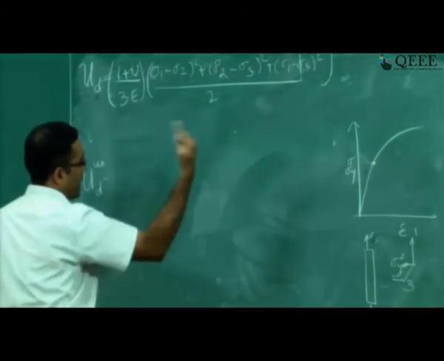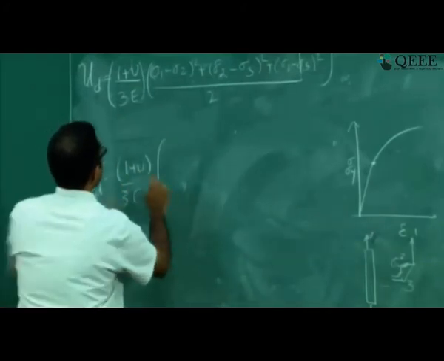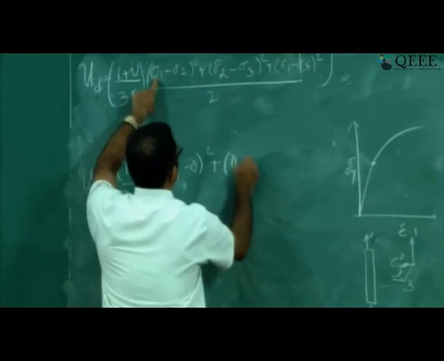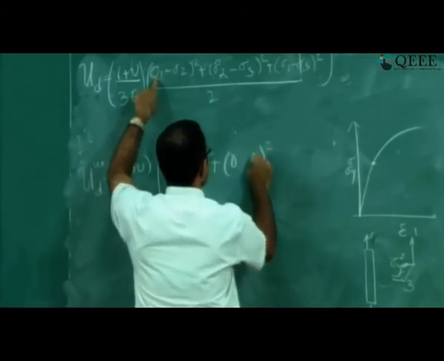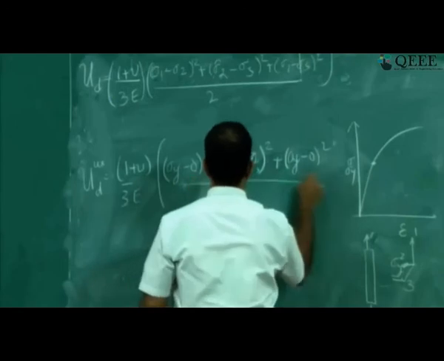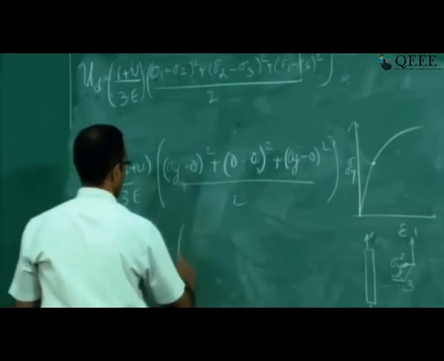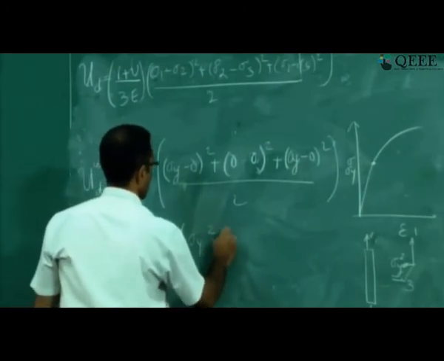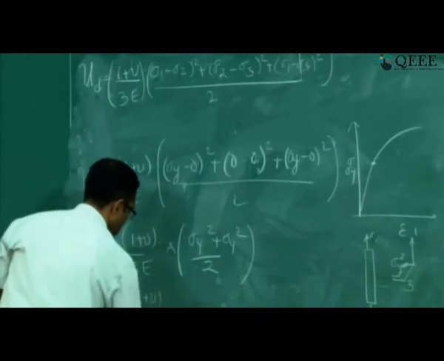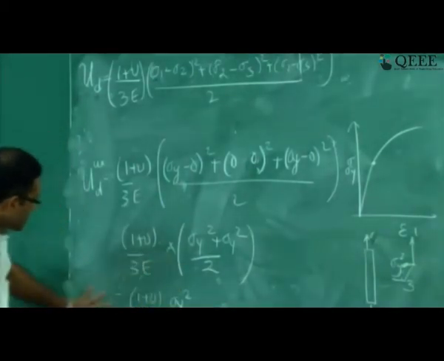I perform an experiment, I just need one number, sigma y, and plug it in here: (1 plus nu) divided by 3E, sigma 1 was sigma y, sigma 2 was 0, sigma 3 was also 0, and this became sigma y square.